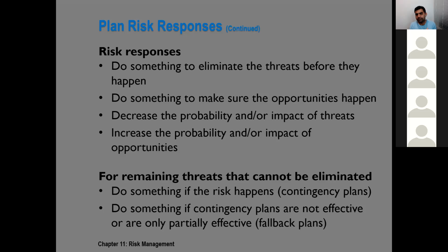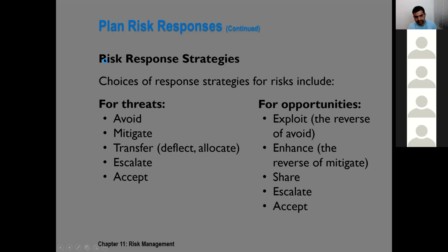And also sometimes, if our response doesn't work, our contingency plan doesn't work, do we have any other plan at the back end? Like we normally call it a fallback plan. All that work is done when we are planning for the risk responses.